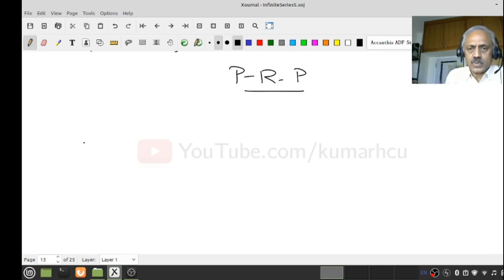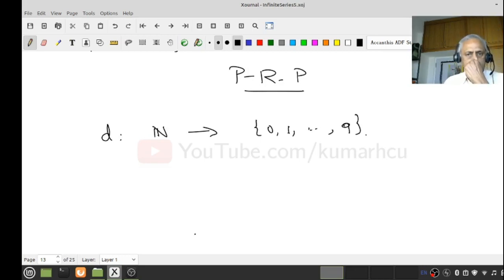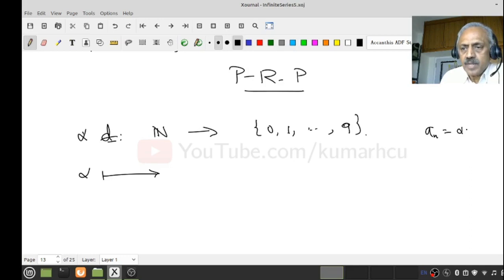Now let us look at this one, right? So let us look at functions. Call it delta, or alpha. The function from the set of natural numbers to the set of digits 0 up to 9. This function takes values only 0 to 9. Then for each function I can associate a decimal expansion, namely let a_n be alpha at n.